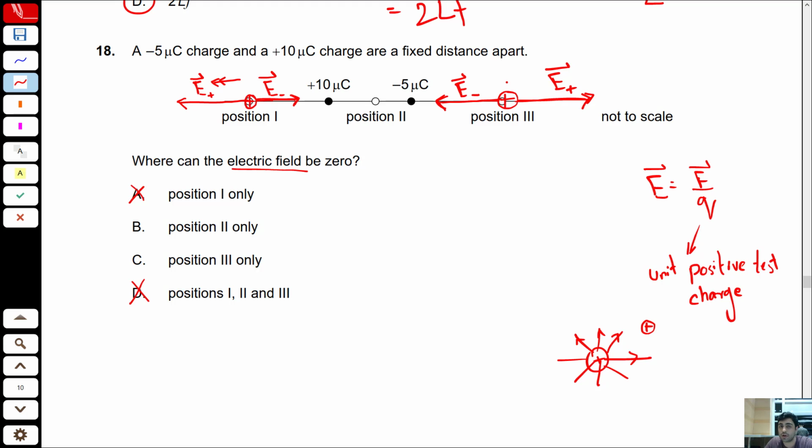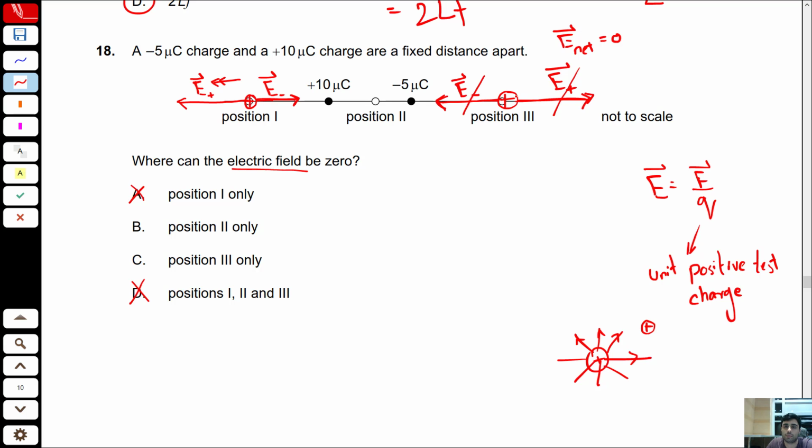So there's a possibility that these two electric field strengths become equal but opposite in direction. As a result, there's a very high chance that they will just cancel out each other, giving us 0 net electric field strength. So the electric field strength has a very high chance of being 0 at this position, because this is a position where the two electric field strengths can become equal and opposite in direction.